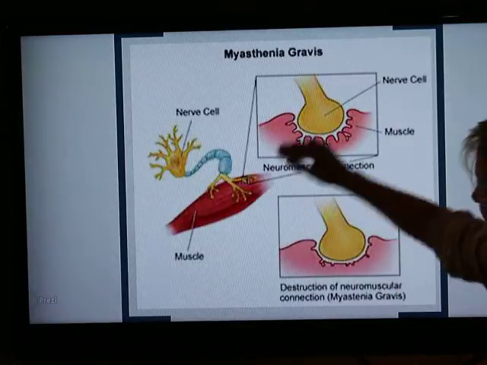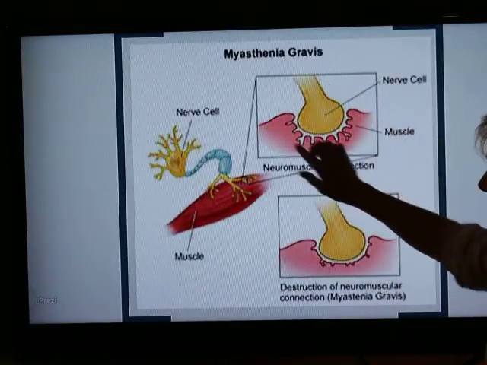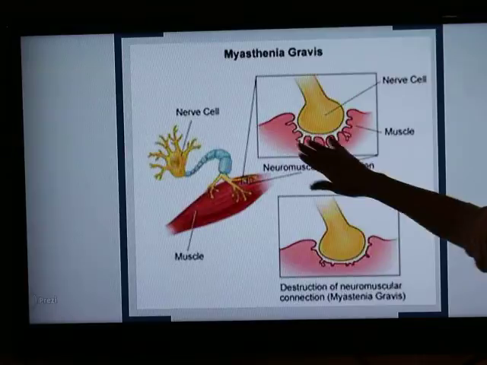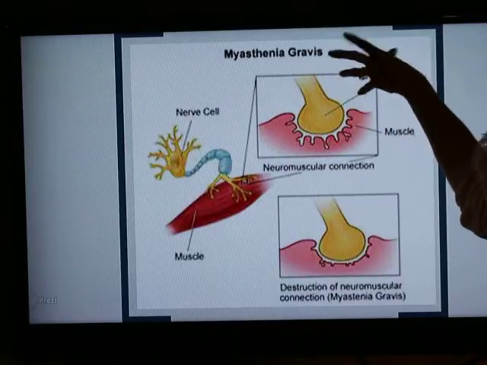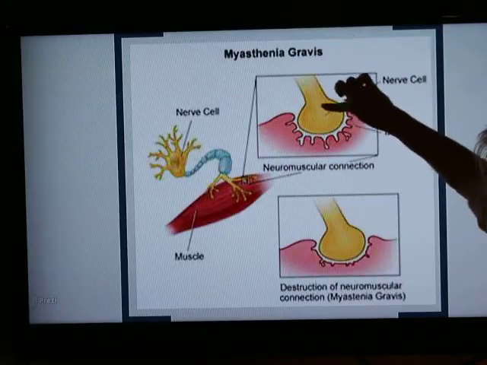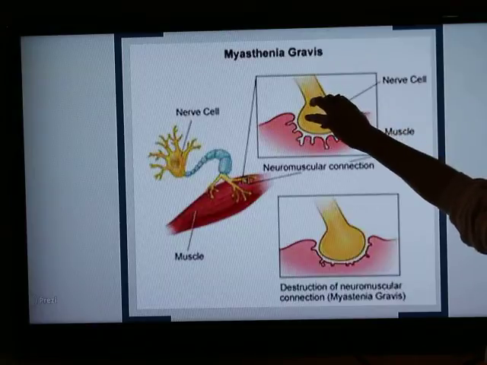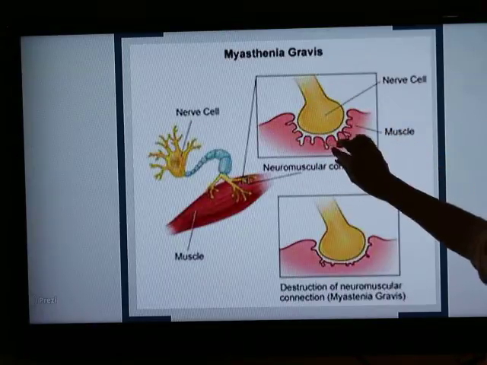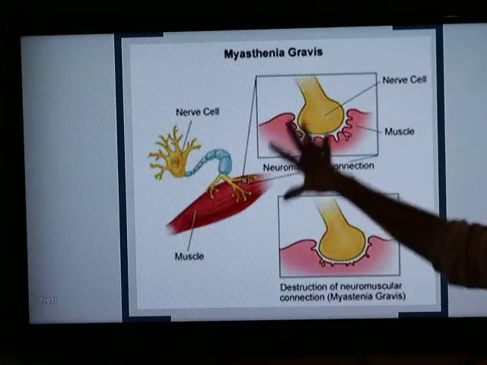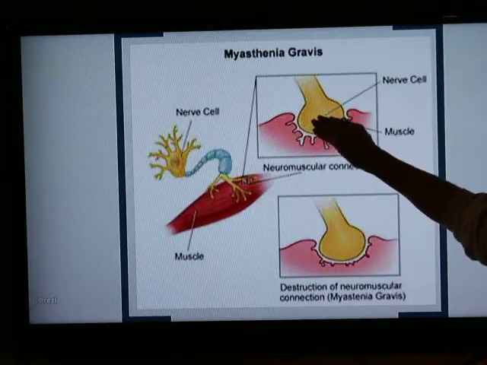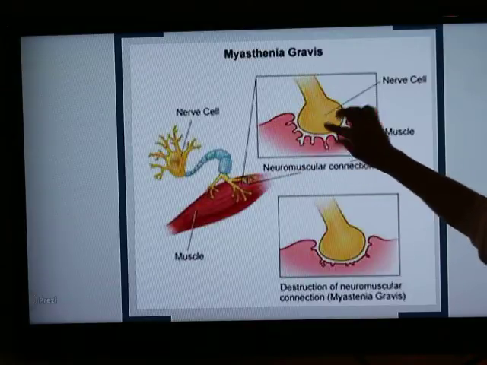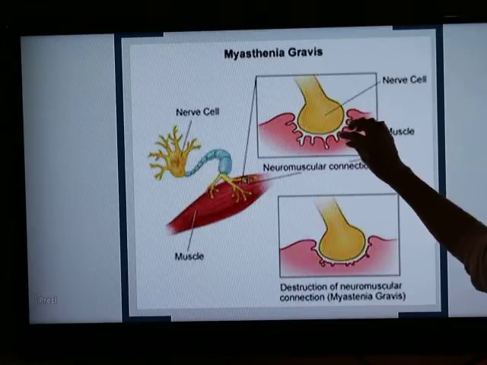The problem with MG is down here where these nerves come into the muscles. Now in a normal muscle, the nerve comes down in here, it's got acetylcholine in it, and it triggers the muscle to contract. And so it has to deliver this acetylcholine in here for that muscle to do what the muscle is supposed to do.